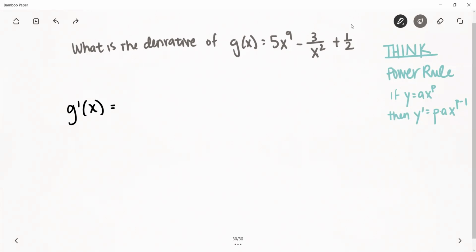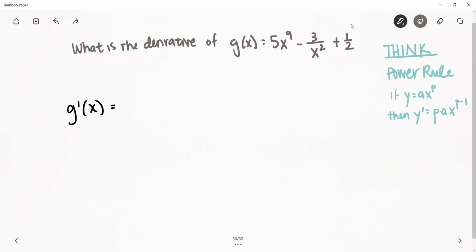Now, in order to use my power rule, I need to know that everything can be thought of as a number times x to some power. Clearly, this is good. So I can just do my power rule if I wanted to. But my next term doesn't quite look like a number times x to some power because I have an x in the denominator.